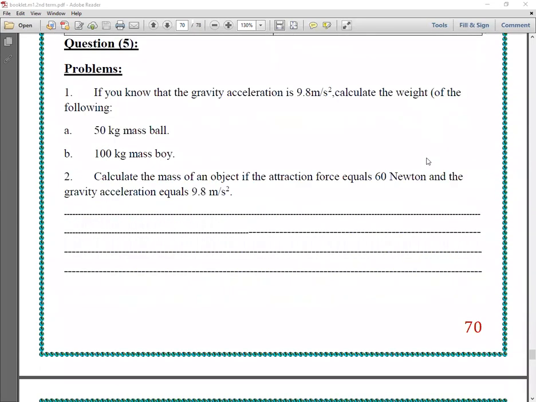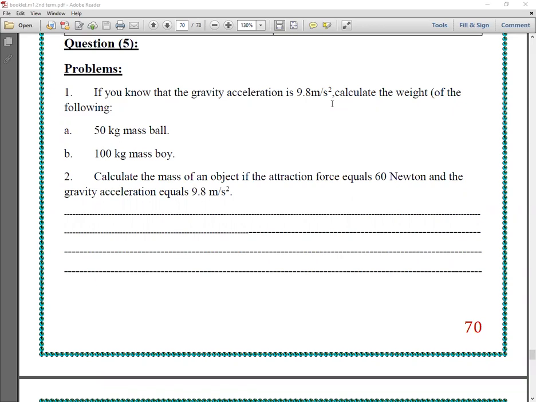Question number 5, if you know that the gravity acceleration is 9.8 meter per second square, calculate the weight of the following.